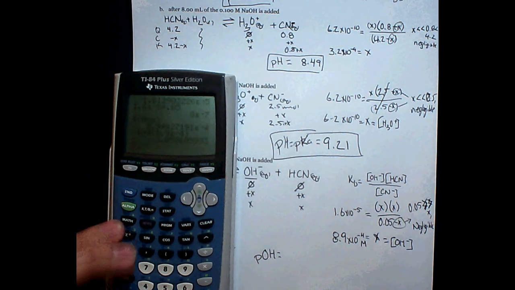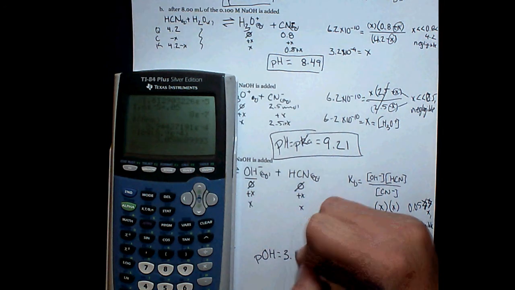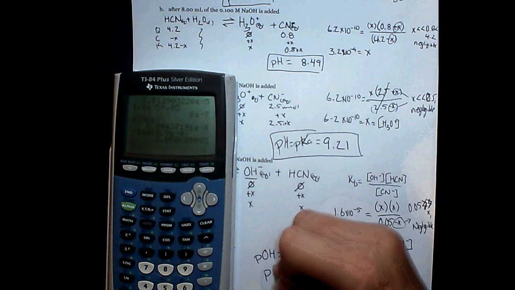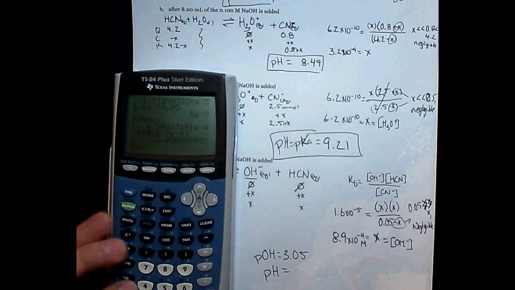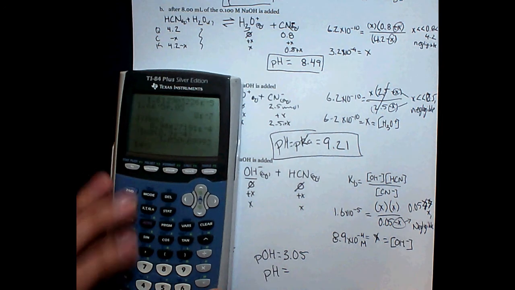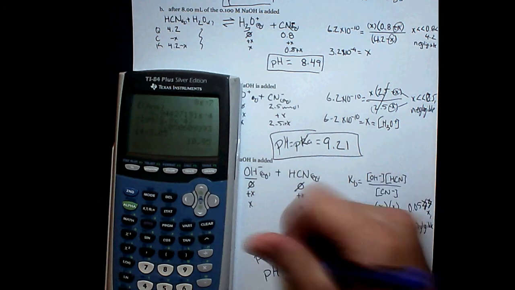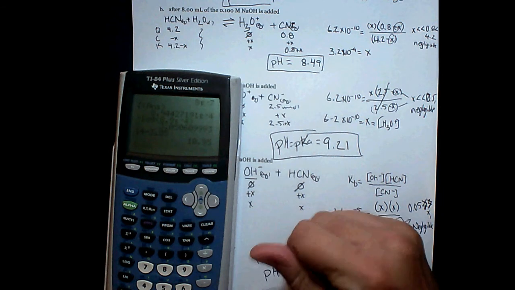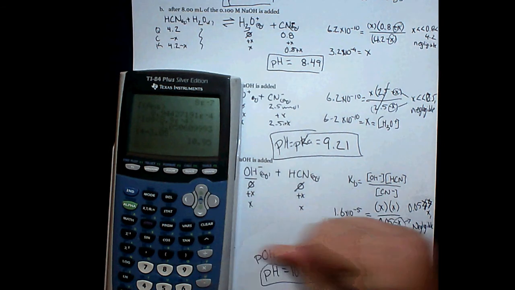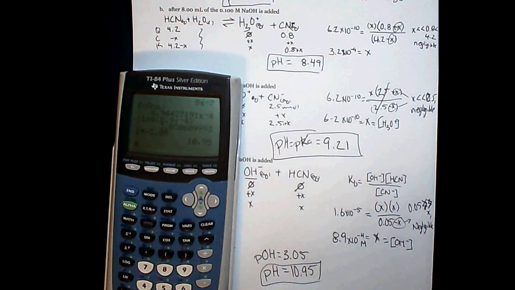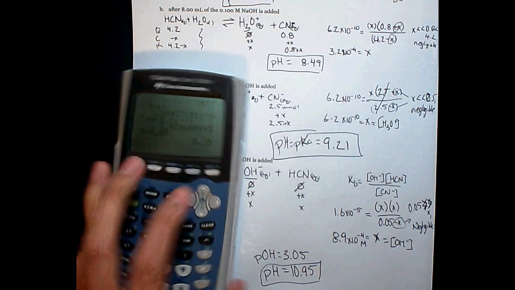We get 3.05, which means that the pH is going to be equal to 14 minus 3.05, which is 10.95. So at the equivalency point it is pretty basic, which is pretty typical for weak acid, strong base titrations because it's a salt water solution, and that salt water solution is basic. So that's our final answer.